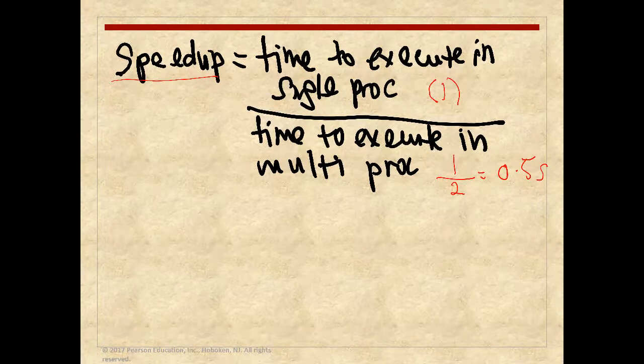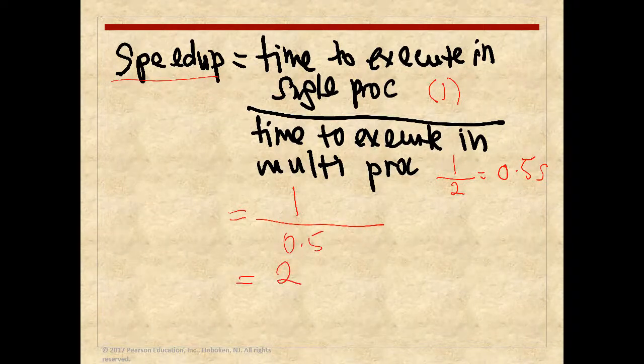To calculate the speedup, we just divide 1 by 0.5, so we get the relative speedup, which is 2. This means that to execute on a multiprocessor system, you can double the performance.